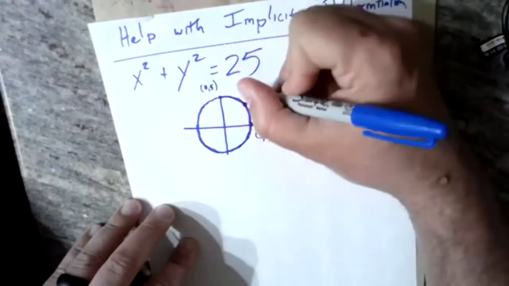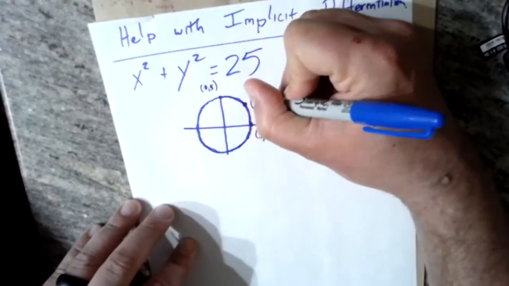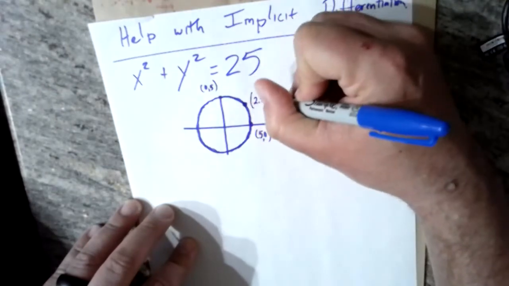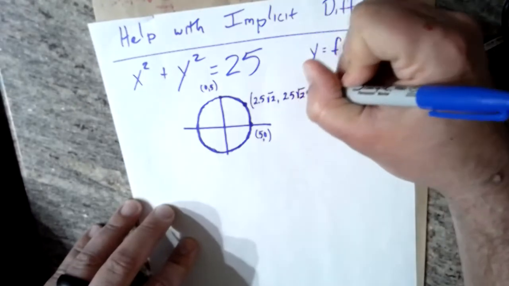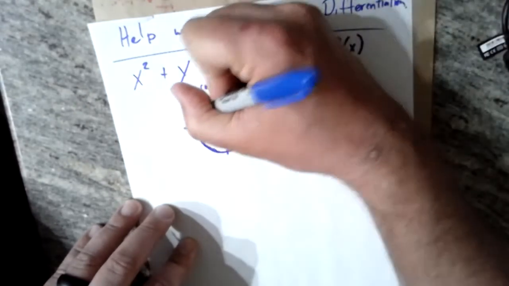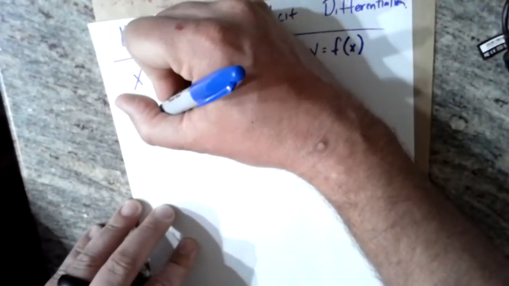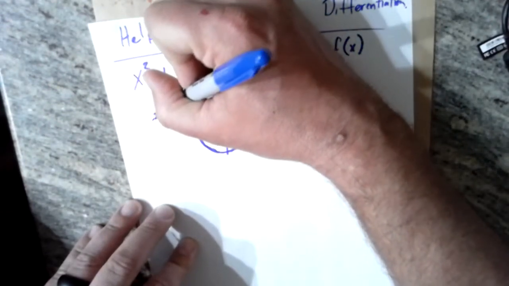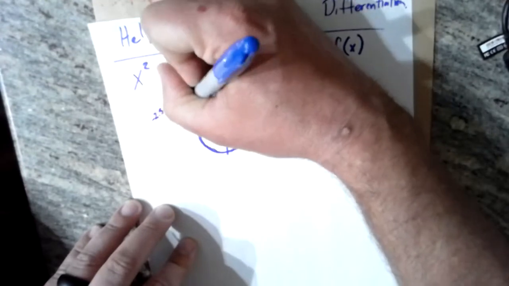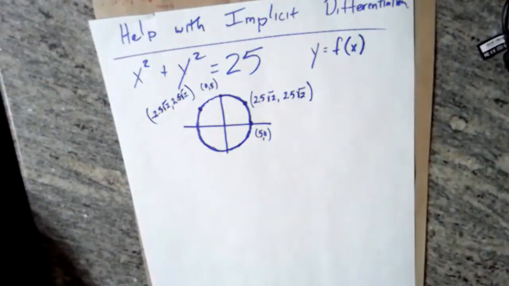This is the point (2.5 radical 2, 2.5 radical 2). And this is the point (negative 2.5 radical 2, positive 2.5 radical 2). Just keep that in mind for a little bit later.